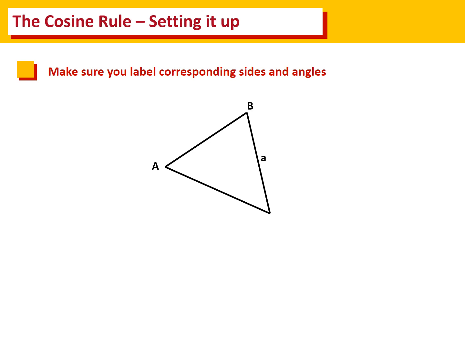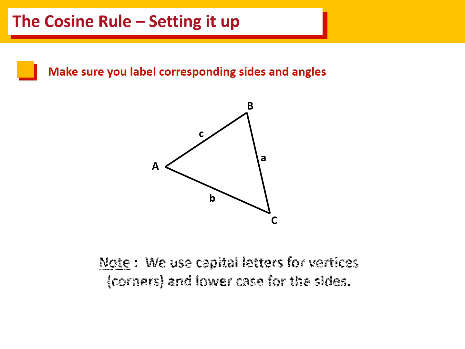Similarly, we've got vertex or corner B, and directly opposite that, the side of length b. And finally, vertex C, directly opposite that, length of side c. Capital letters for vertices, lowercase letters for the sides.